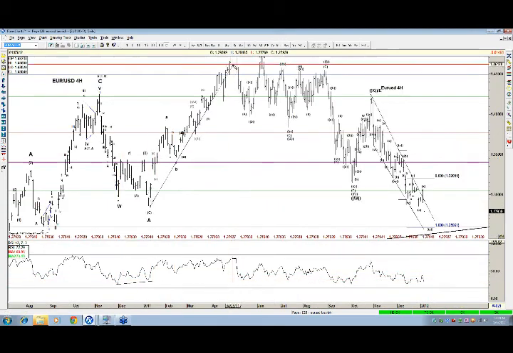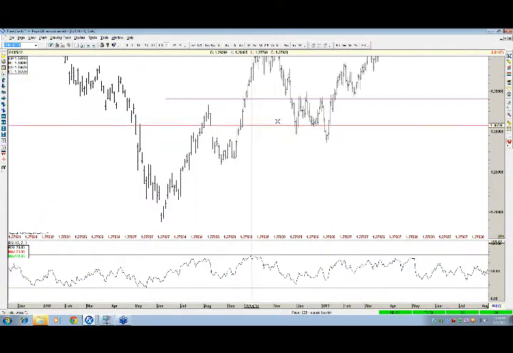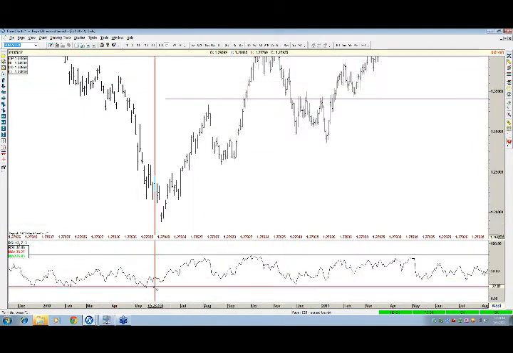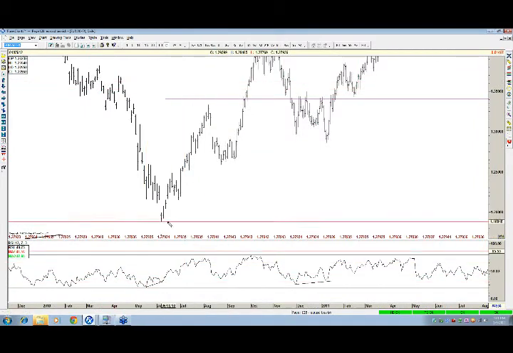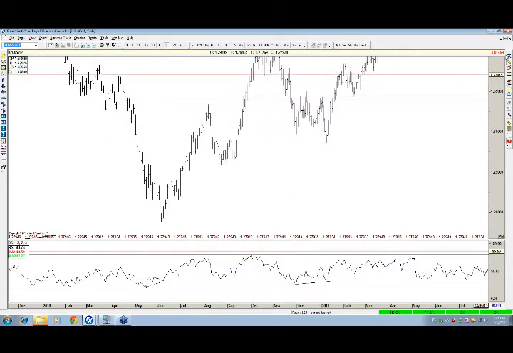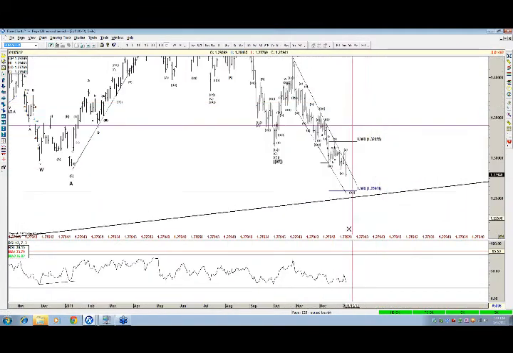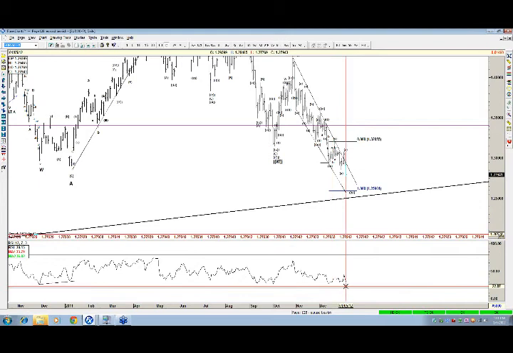Look what happened after. You saw divergence here at 118. Look what happened after. You see it, right? And now, for the third time, you see divergence here on the daily.